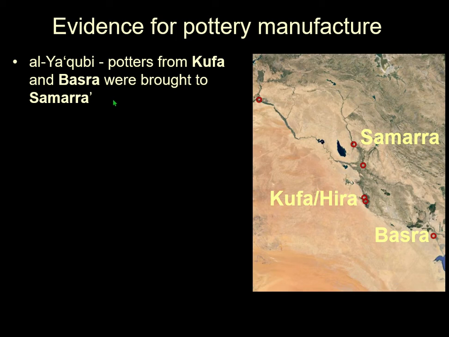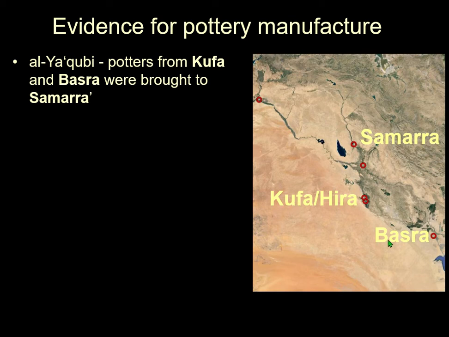So we have some contemporary textual evidence for pottery production centers in this part of the world. Al-Yaqubi talks about potters from Kufa. Hira is a pre-existing city in this area, and Kufa is basically right next to it. Kufa was the Islamic settlement.